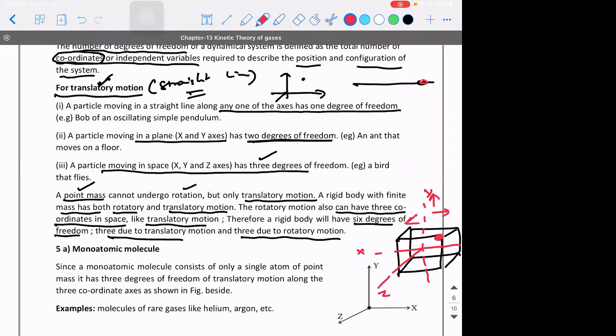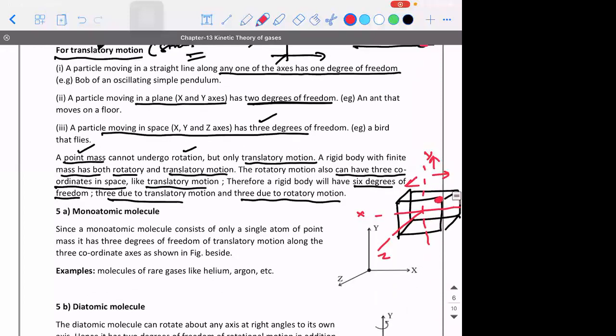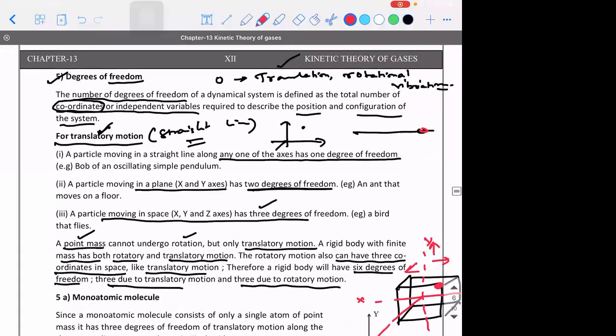So it can have translatory motion along any 3 directions, or it can have the provision to rotate about any 3 directions. So it has a total of 6 degrees of freedom. Okay. So a degree of freedom is nothing but the total number of coordinates that you need to describe the position and configuration of that particular system.